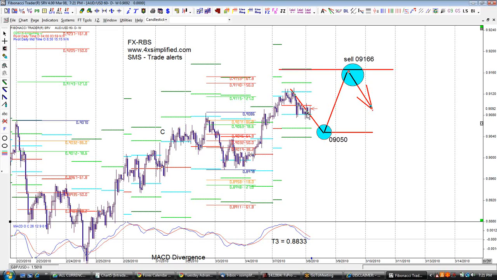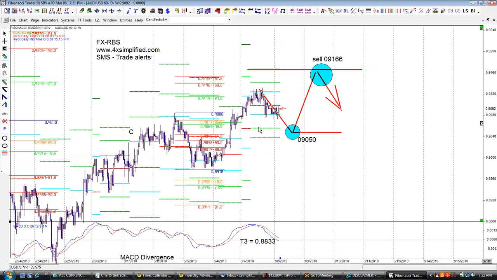We can still see some bearish move here. It's very possible that we come to 90.50. But even if we don't, once the market hits the 91.66 level, if we don't form any other bearish patterns, we can either trade the bearish candlestick or wait for a possible head and shoulders.